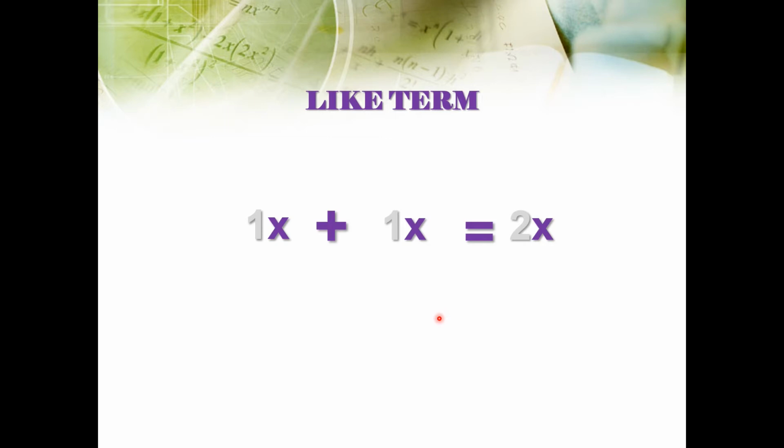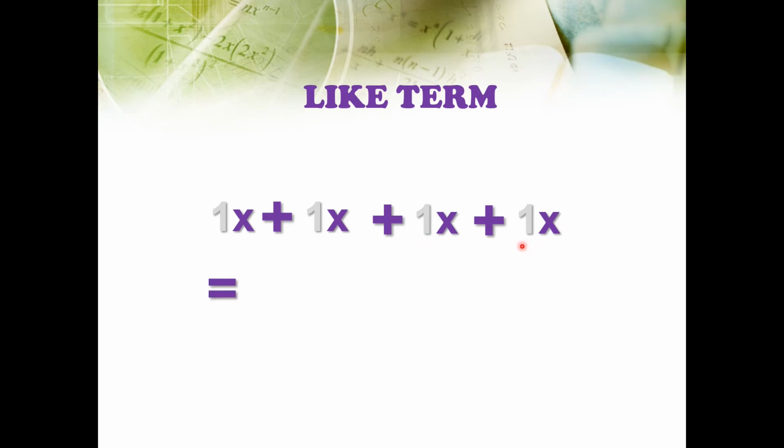Let's see another example to help you understand more. 1x plus 1x plus 1x plus 1x. Can you guess what the answer is? Okay, 1 plus 1 plus 1 plus 1. Yes, good. The answer will be 4x.